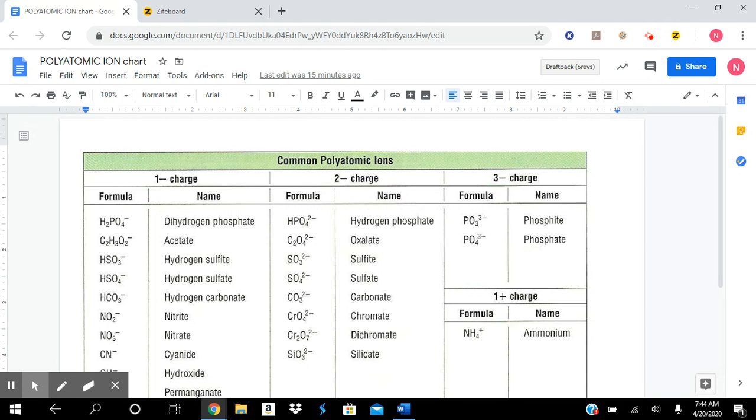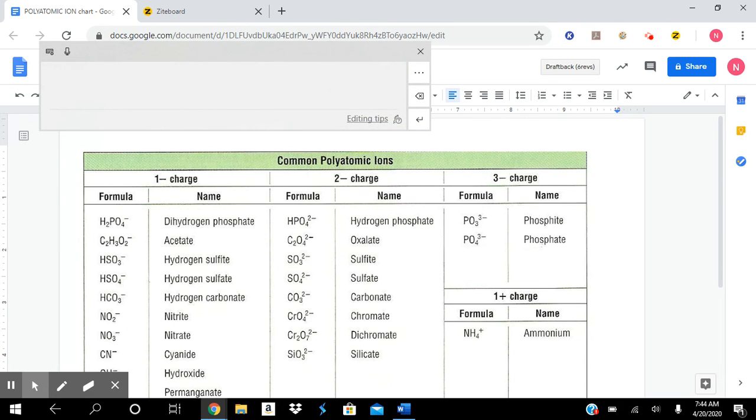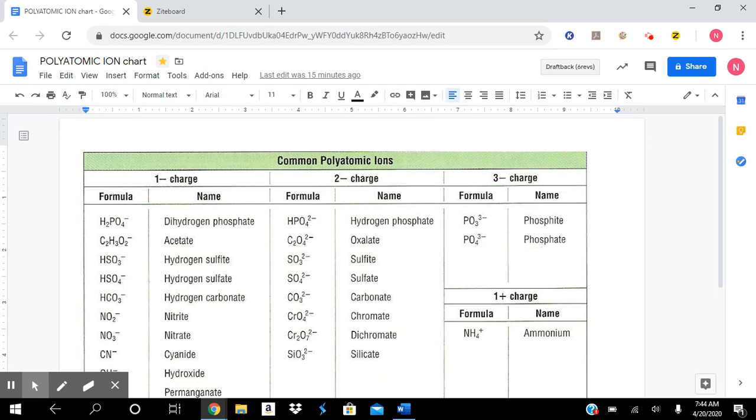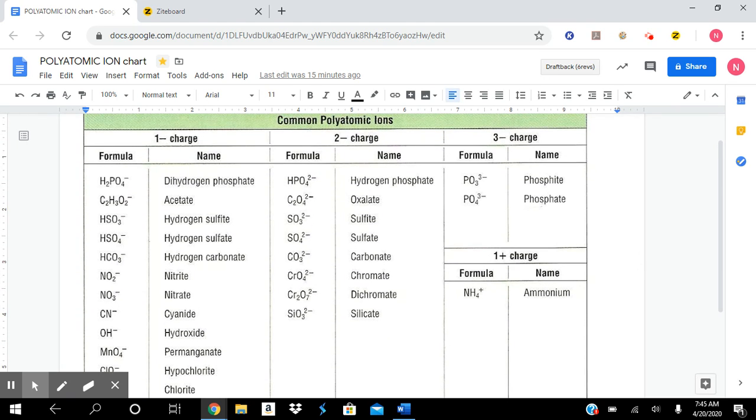All right, once you've found this doc, maybe bookmark it. Maybe if you have a printer, maybe print it out. You can always take your cell phone and right now, take a picture of the chart. Make sure you get the whole chart. Because you can use this chart on any test, on any quiz that we're going to have on this material. This chart is the closest one that I found to the one that I would have handed you in class.